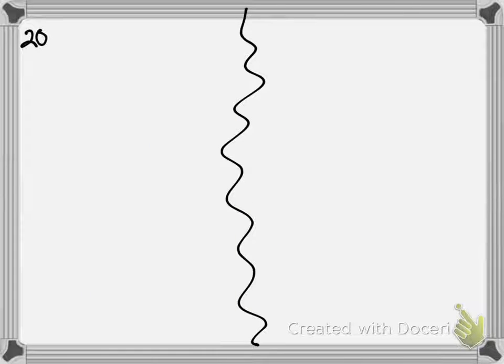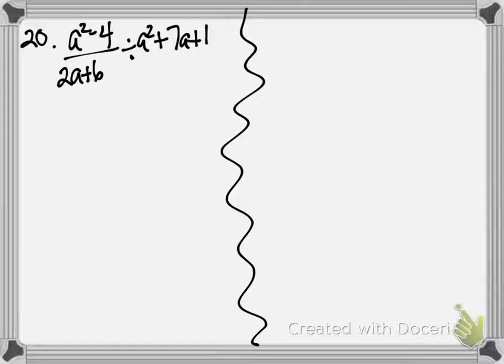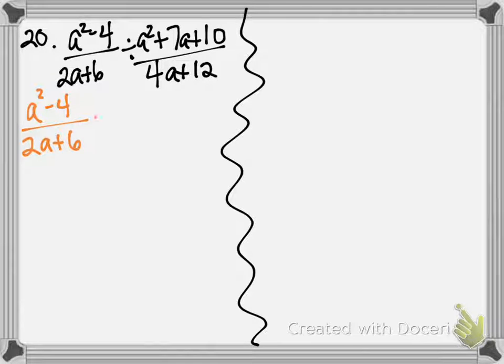All right, let's look at number 20. We have a squared minus 4 over 2a plus 6 divided by a squared plus 7a plus 10 over 4a plus 12. So we're going to change that to a multiply problem. So we have a squared minus 4 over 2a plus 6 times 4a plus 12 divided by a squared plus 7a plus 10.